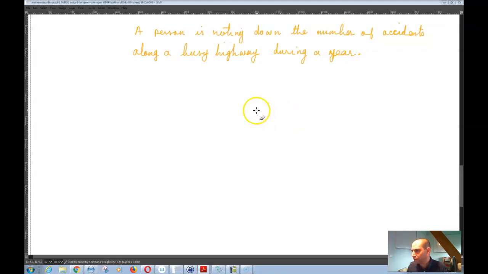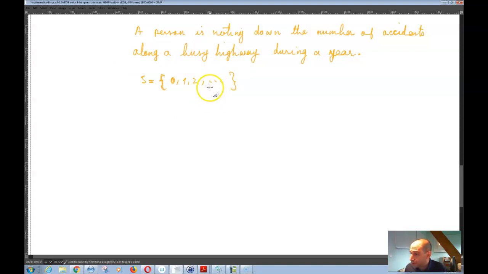Thus, a sample space associated with this experiment is S = {0, 1, 2, and so on}. Could be any number.